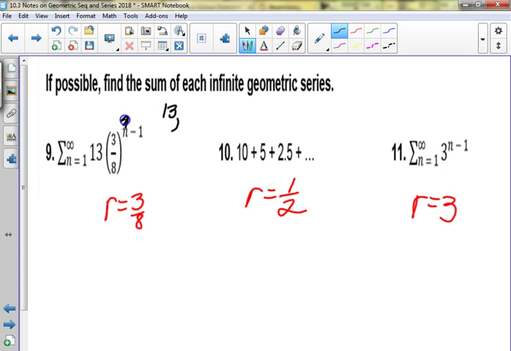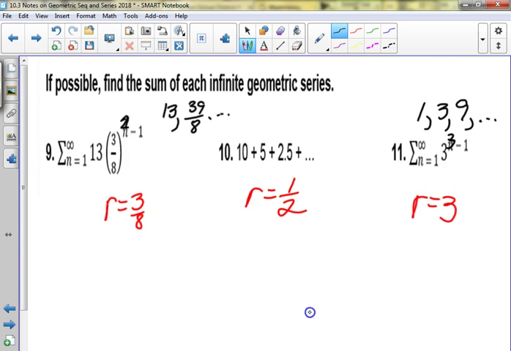And then when you put in a 2, you'd get out 39/8. So they multiplied by 3/8. Okay? On this one, obviously the terms are listed and they're multiplying by 1/4. If you put in a 1 on this one, you'd get 3 to the 0 power, which is 1. If you put in a 2, you get 3 to the 1 power. Put in a 3, you get 3 squared.